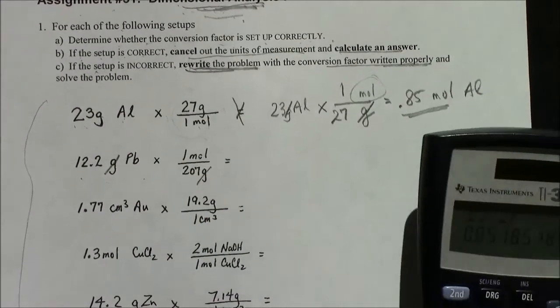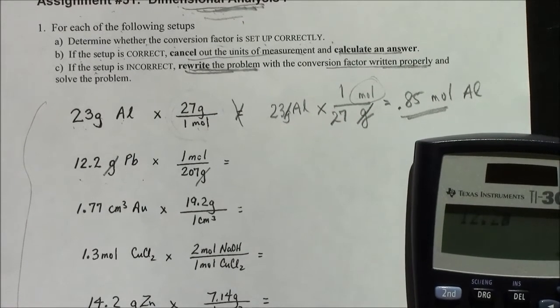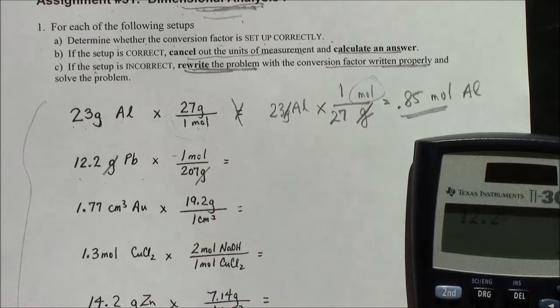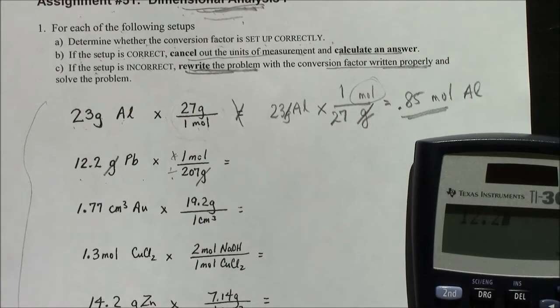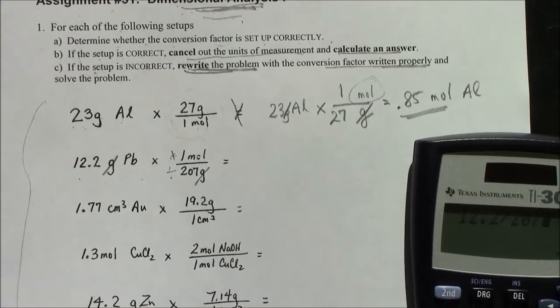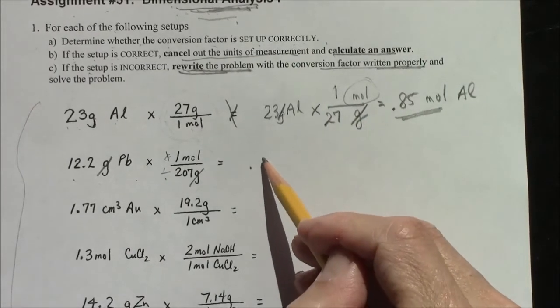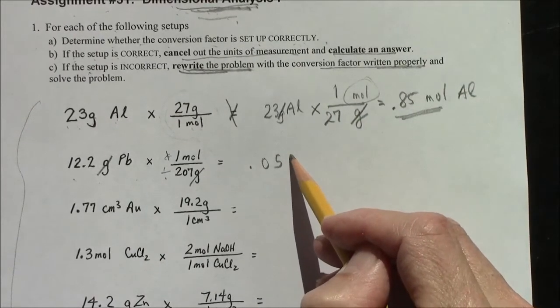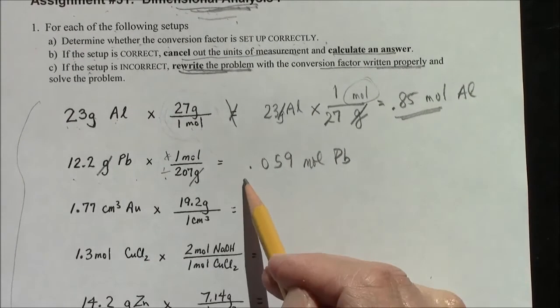All I need to do is get my trusty calculator and type in the numbers. I multiply by what's on top, divide by what's on the bottom, and I get 12.2 divided by 207. 0.059 moles of lead. There we go.